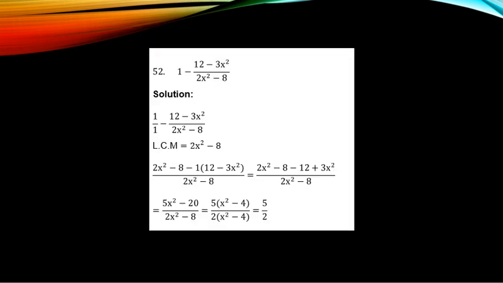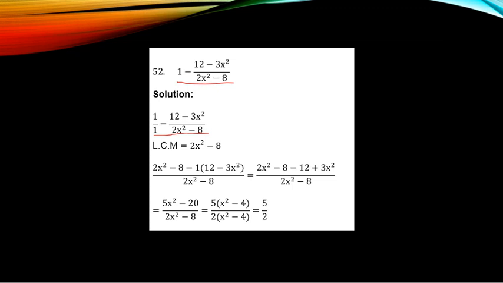Example 52. You have 1 minus 12 minus 3s squared over 2s squared minus 8. So let's have a balanced fraction by writing 1 all over 1. Then minus 12 minus 3s squared over 2s squared minus 8.